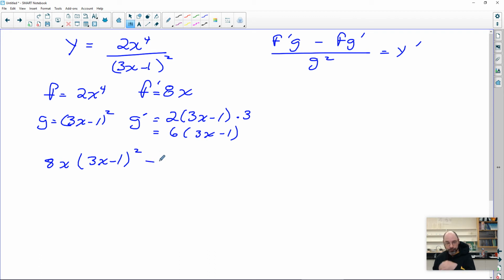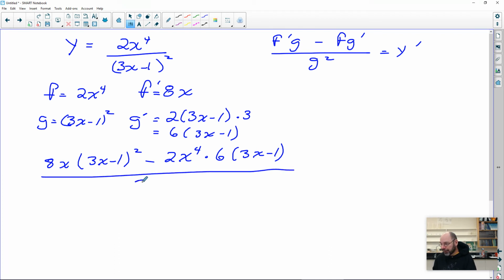Subtract f, 2x to the 4th, times g prime, which is 6 times 3x minus 1, like that, all over 3x minus 1 squared again, because it's g squared.